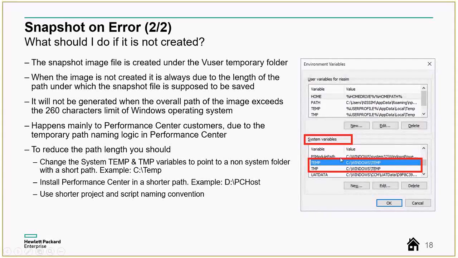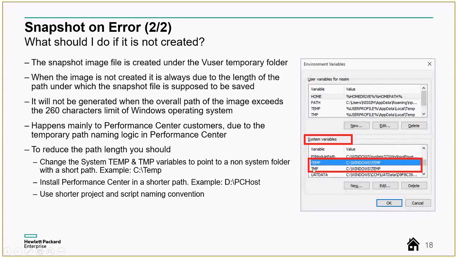So as a first measure, in order to avoid this issue, make sure that under the system variables, in the environment variables, you modify the default values of the temp and TMP environment variables from C Windows temp to D temp or to C temp or to something as short as possible.